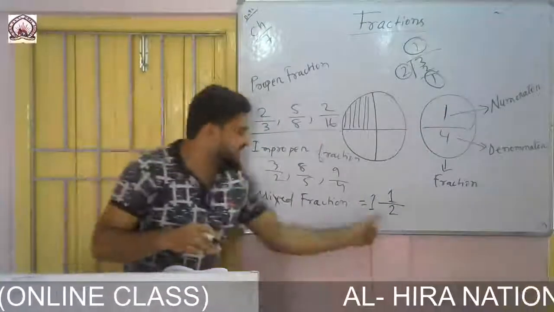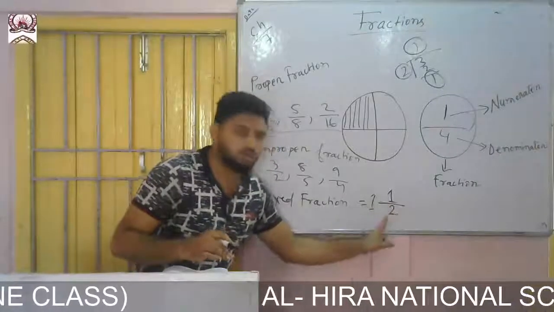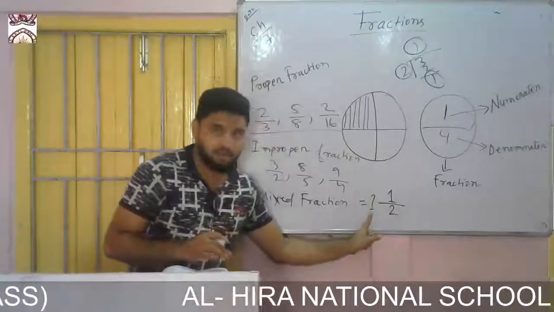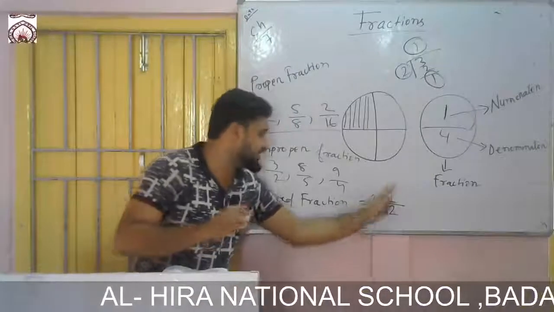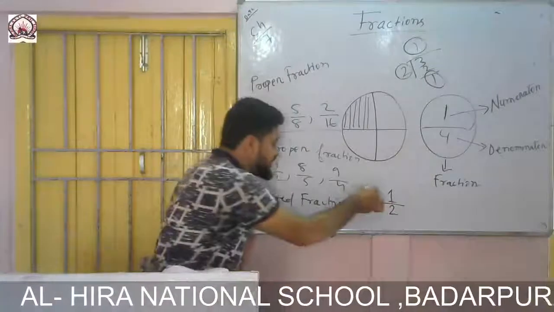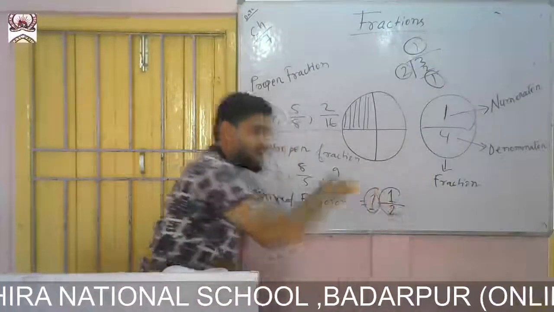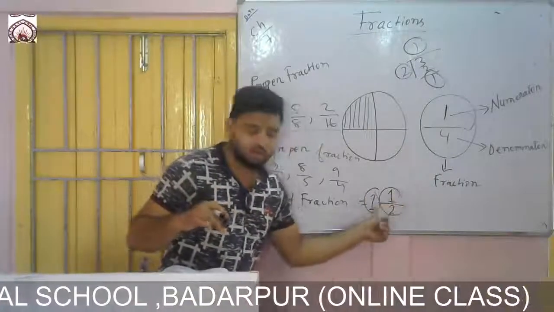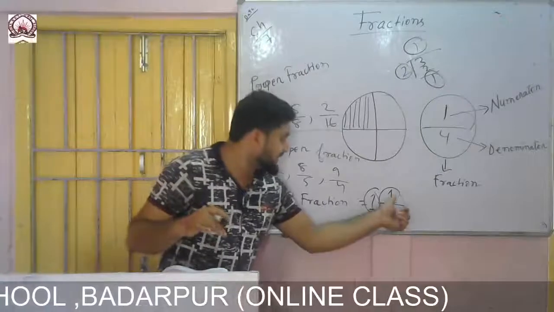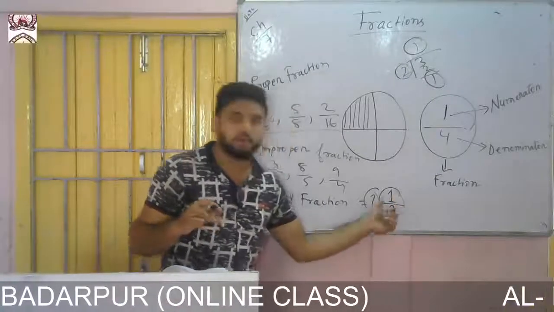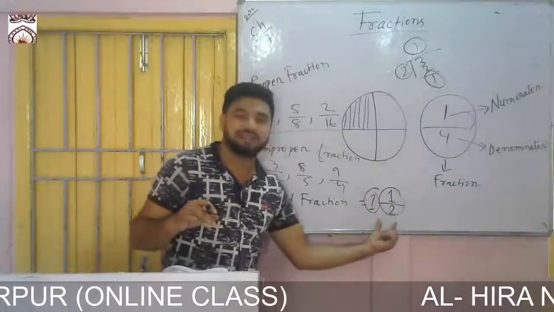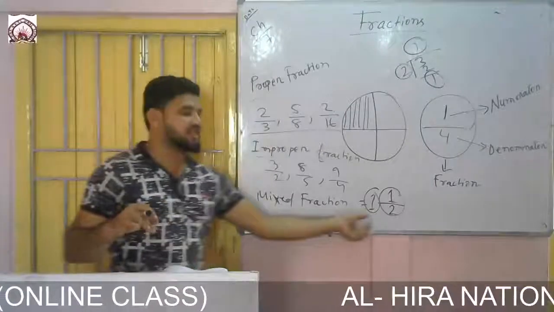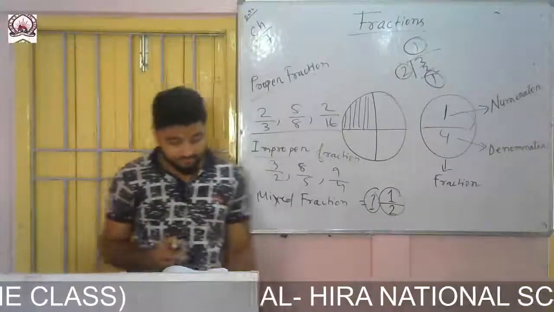So you see, in the mixed fraction, 1 by 2, 1 is a natural number, a whole part, and this is the fraction part. So whenever you find one whole part, natural or whole, and 1 by 2 is a fraction, both at a time, it is a mixed fraction.